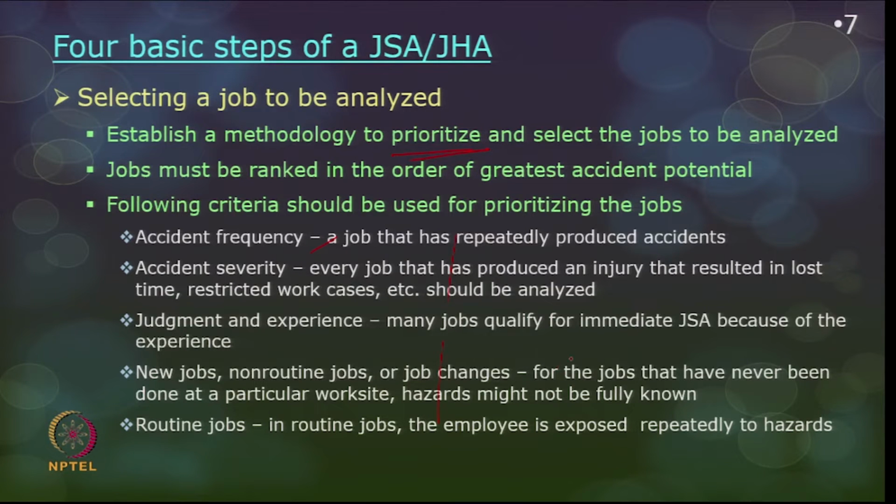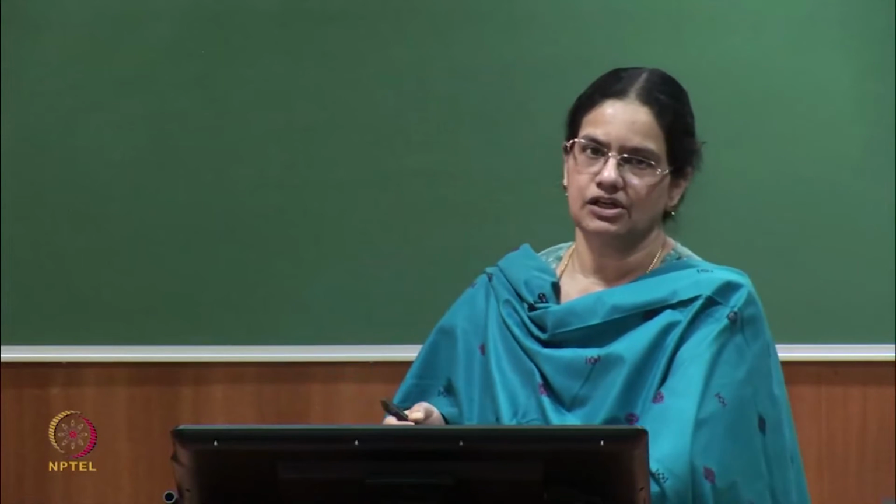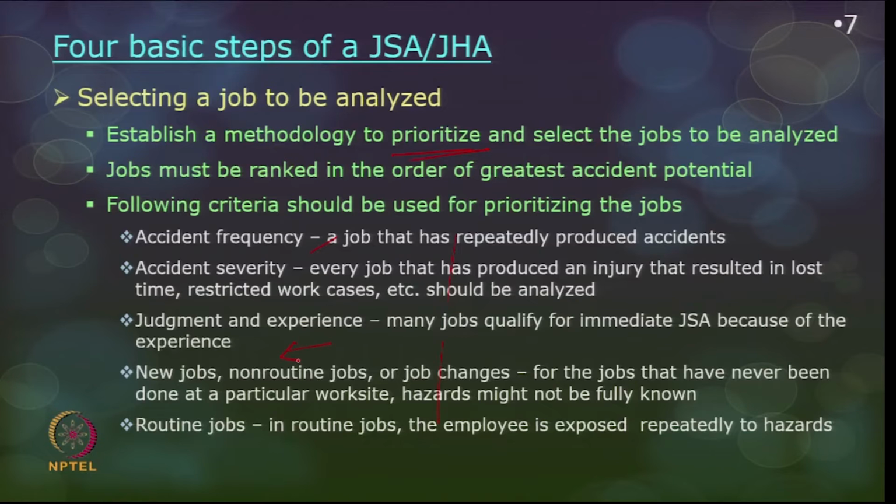Many jobs qualify for immediate job safety analysis because of experience. I know this particular job is really hazardous, so maybe it has not caused many accidents or any severe accident, but still, based on my gut feel and judgment, I know this can cause a serious one. This has to be evaluated.